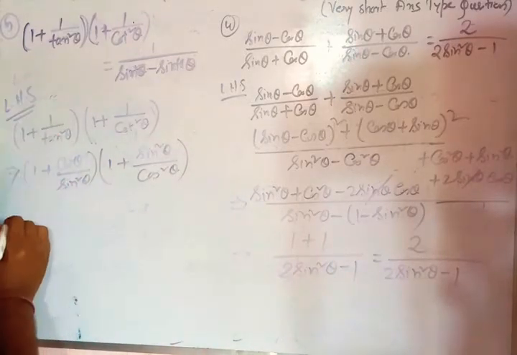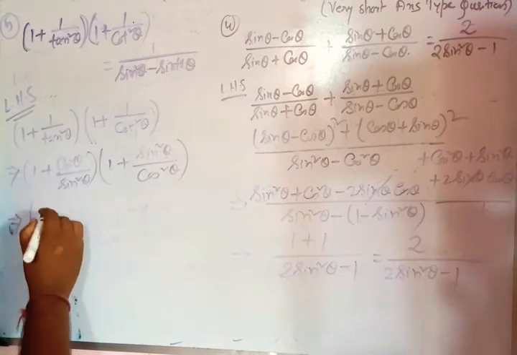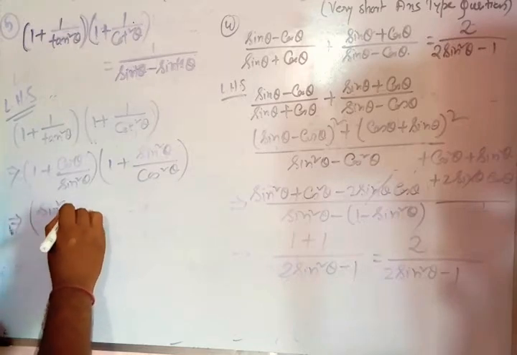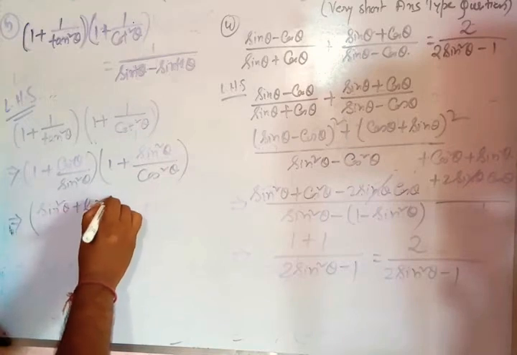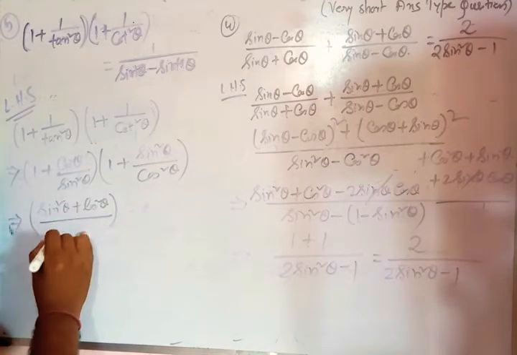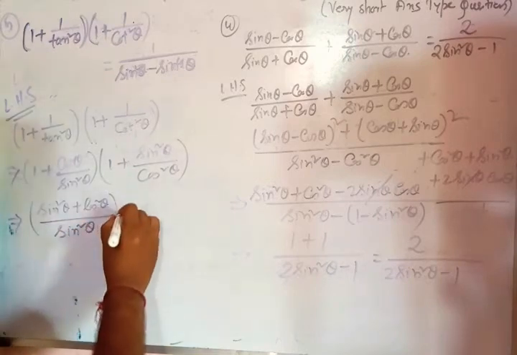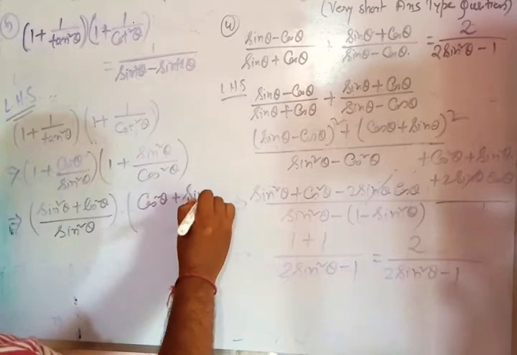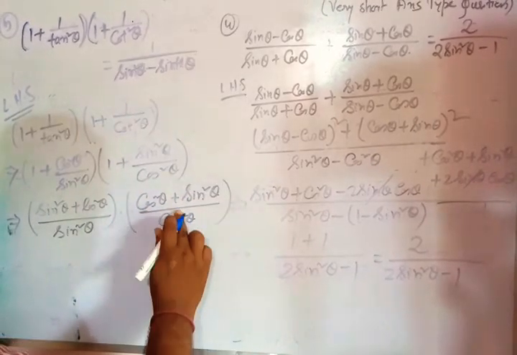Okay, so from here we are getting that this is sin square theta plus cos square theta by sin square theta, and this is cos square theta plus sin square theta by cos square theta.